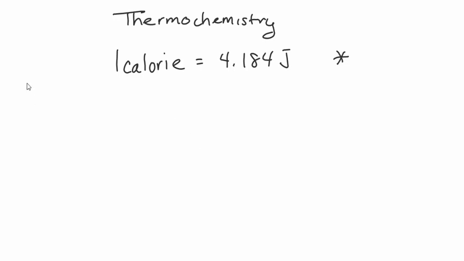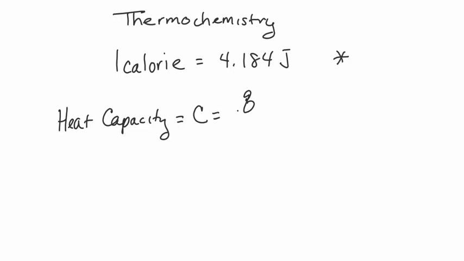Now, the heat capacity is abbreviated with a capital C. So the heat capacity of matter is the heat, q, that is either absorbed or released when there is a temperature change. Now, that temperature change is shown with a delta T. Delta means change.